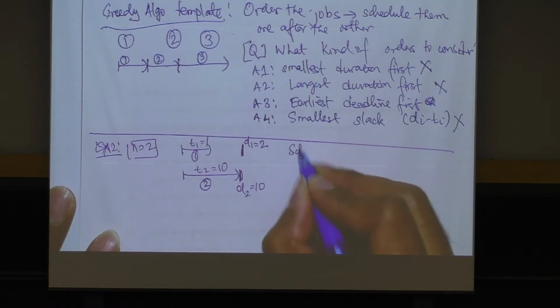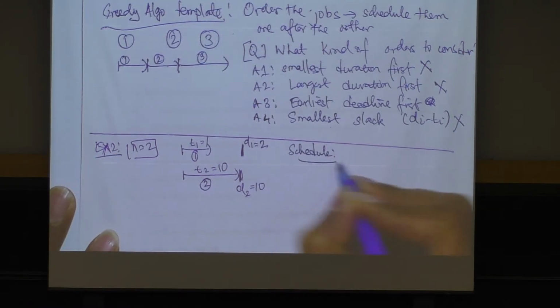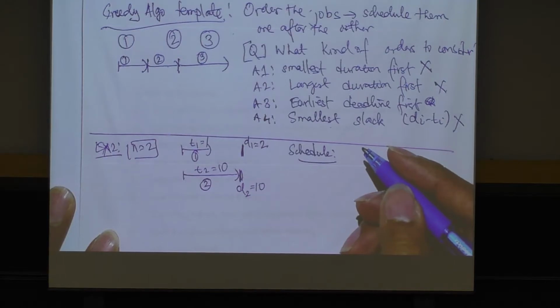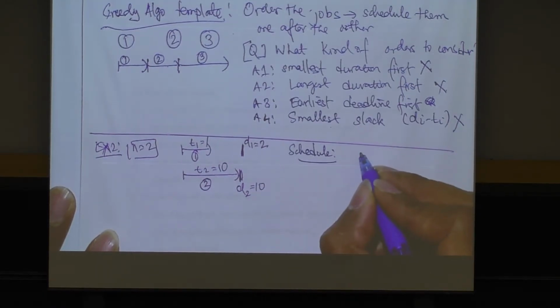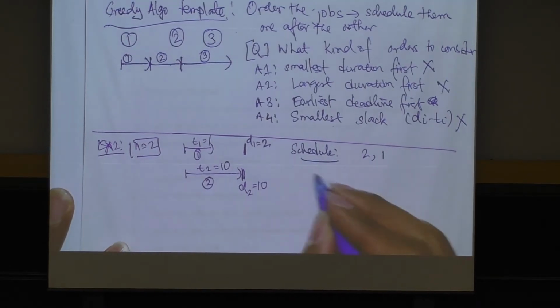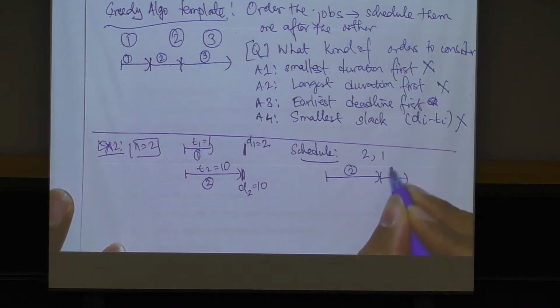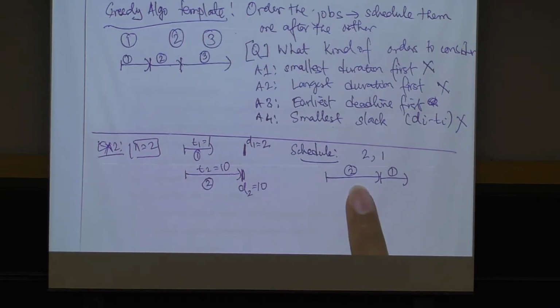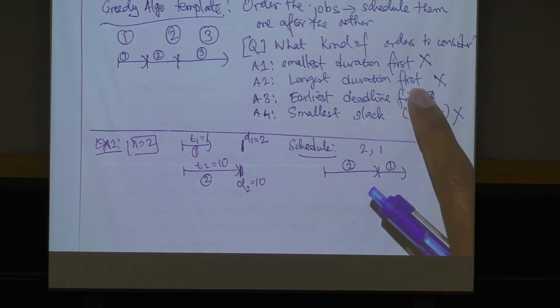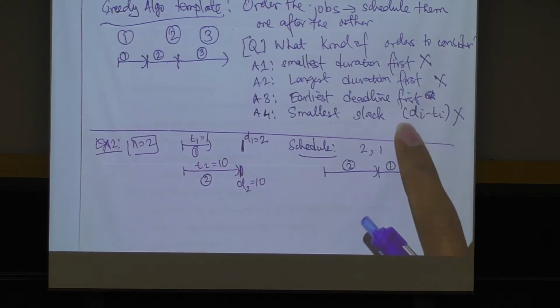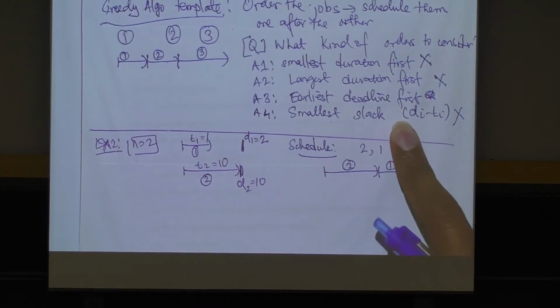So let's look at the schedule that looks at the order 2 followed by 1. And note that this is also the largest duration first, and it's also the smallest slack time.